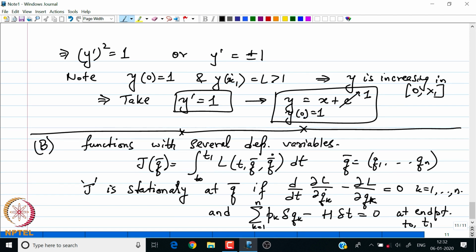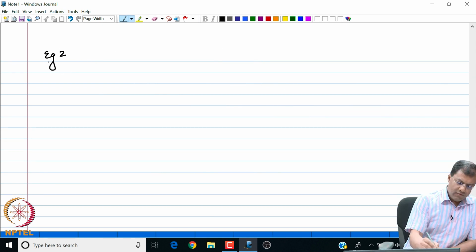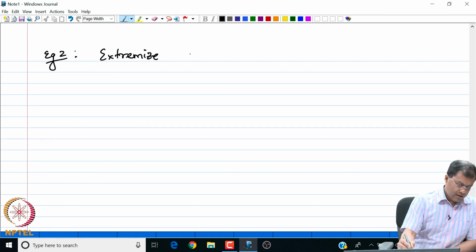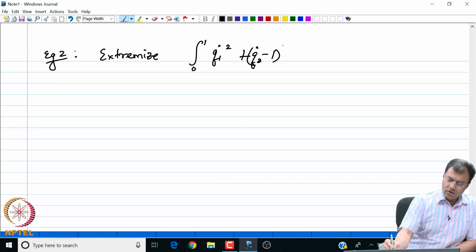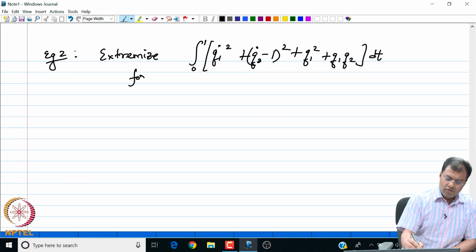Okay. Let us now look at an example in this class of functionals. The example that I have is as follows. We want to extremize this integral from 0 to 1 of q1 dot square plus q2 dot minus 1 whole square plus q1 square plus q1 q2 times dt, for the boundary condition q at 0 is q0.